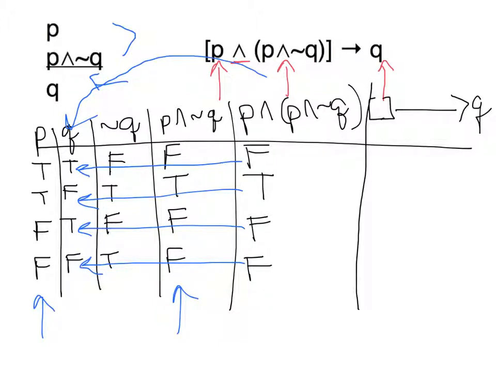And what we see is in the second row here, we have if true then false. We know the rule for the if-then is that if true then false is false. So this one is false. And the fact of the matter is, I don't even have to look at the other ones because once I have a false in here, I know this cannot be a tautology, and so my argument, therefore, is invalid.